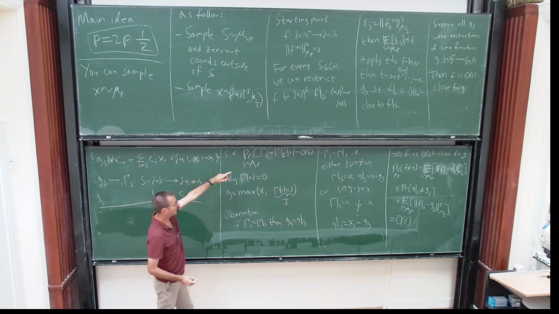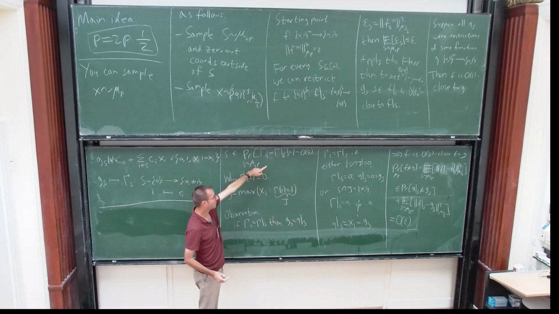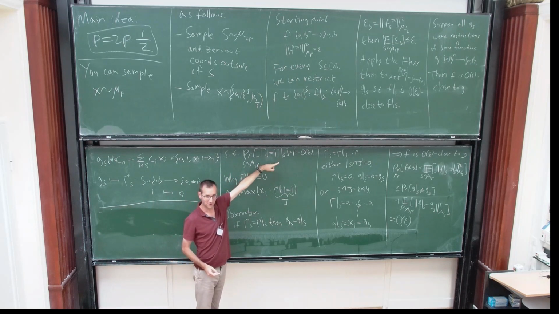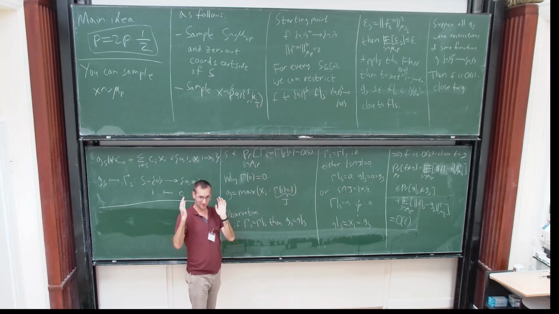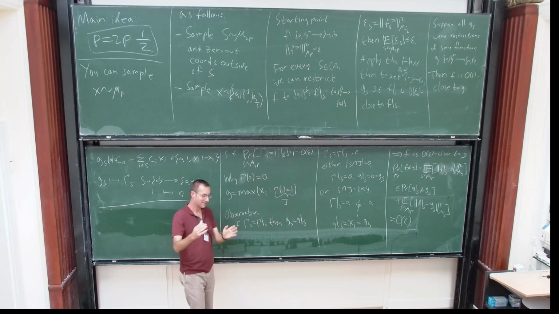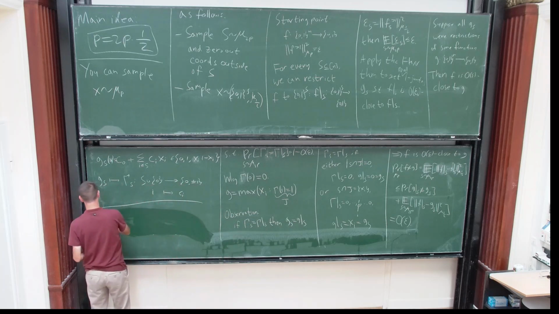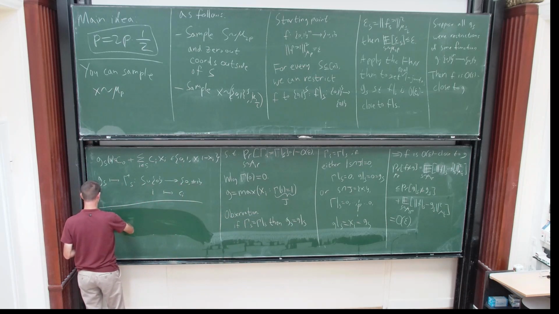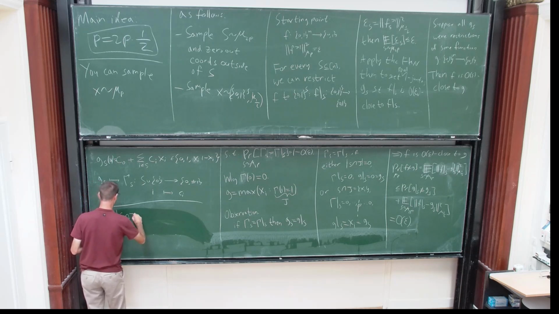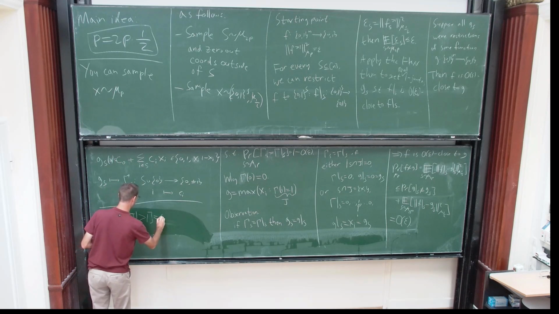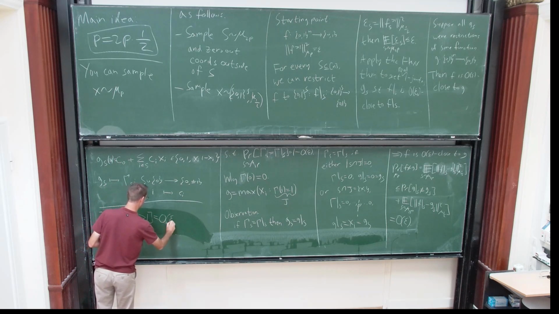So the only way in which gamma S can be equal to the restriction of gamma to S is if the size of the intersection between S and J is at most 1. Okay, so we know that the probability that the intersection between S and J is larger than 1, this is order epsilon.